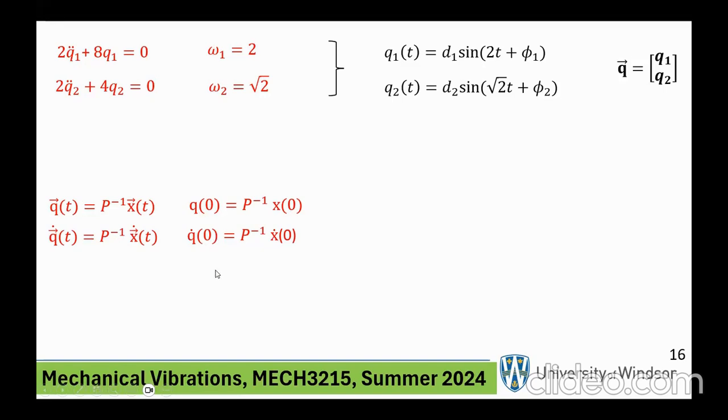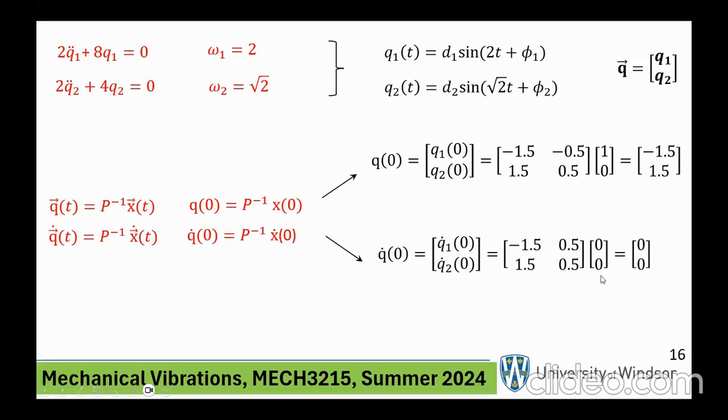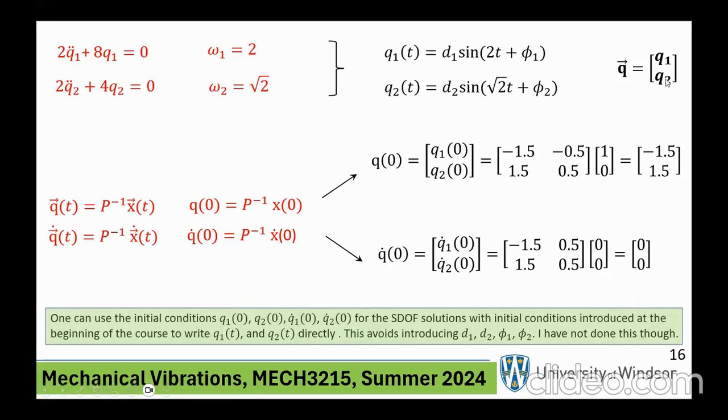So it's just a matter of literally putting the value of x of 0, which was 1 millimeter and 0, and the initial condition in terms of velocity, which was 0, 0, and we get this. So now we have a single degree of freedom system. We have initial conditions. Q of 0 is minus 1.5. Q dot of 0 is 0.